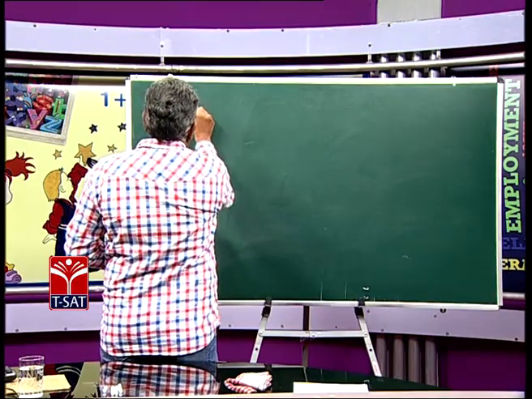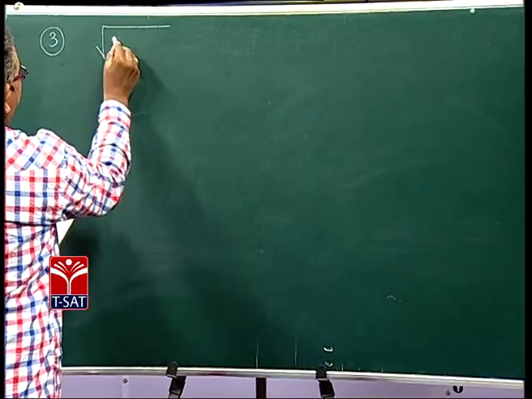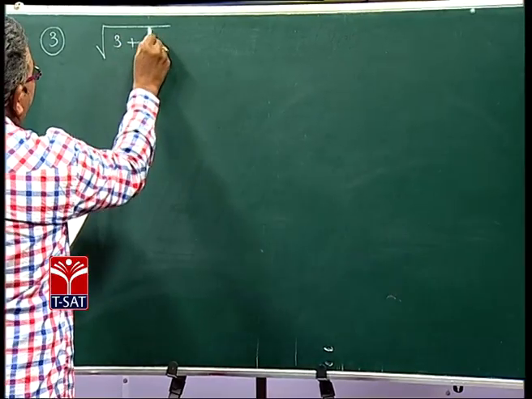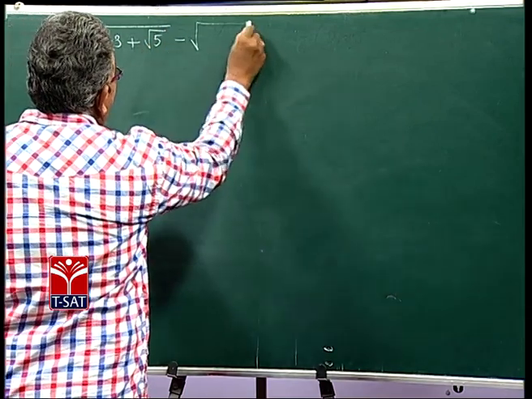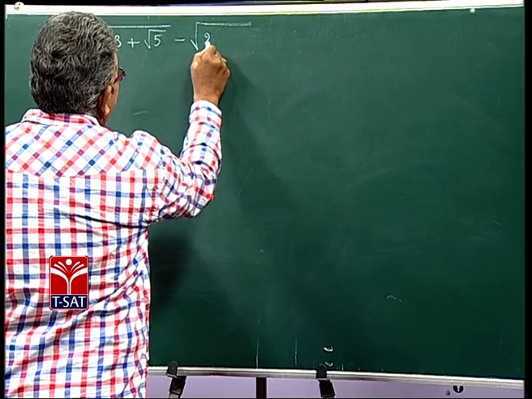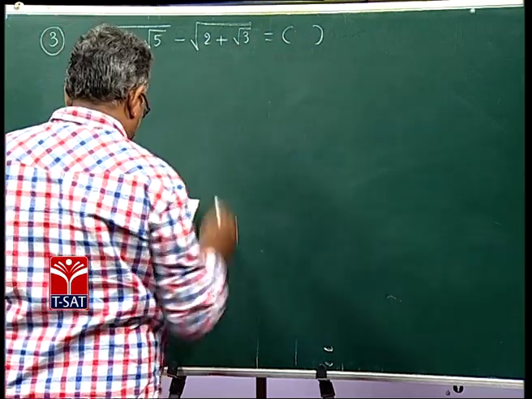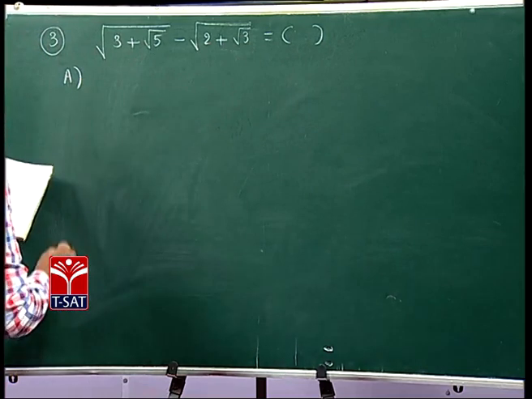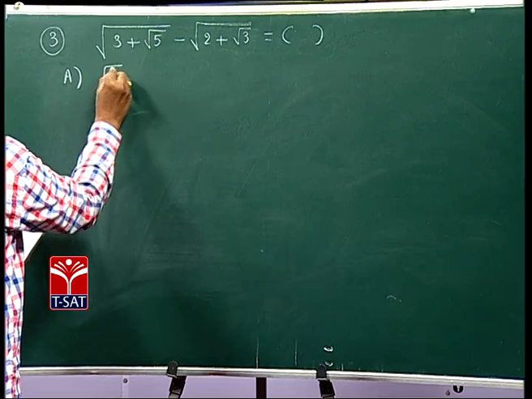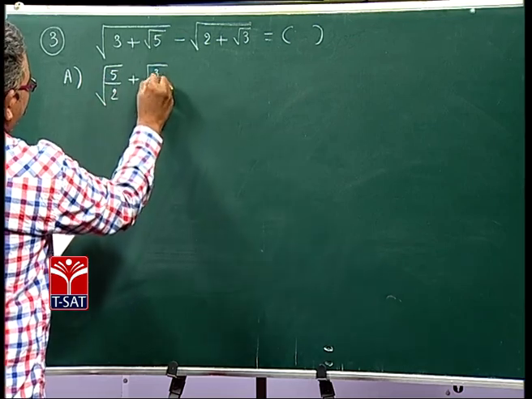Third problem. Root of 3 plus root 5 minus root of 2 plus root 3 equals to: A, root of 5 by 2 plus root of 3 by 2.